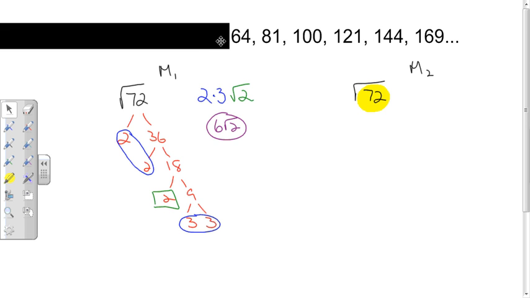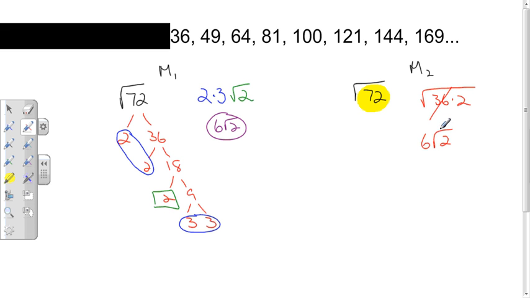Theoretically, I guess it's going to be smaller than half of 72 from a number theory standpoint. 49 doesn't, 64 didn't. 36 does. So real quickly, watch, when I split 72, the square root of 72 into the square root of 36 times 2, very quickly I'm just going to say the square root of 36 is 6 root 2.